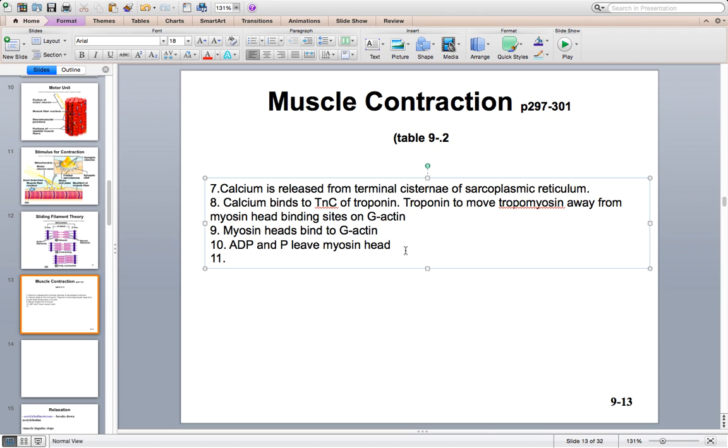As soon as the ADP and the phosphate group are gone, the myosin head pulls G-actin, or pulls actin. And that's the contraction.